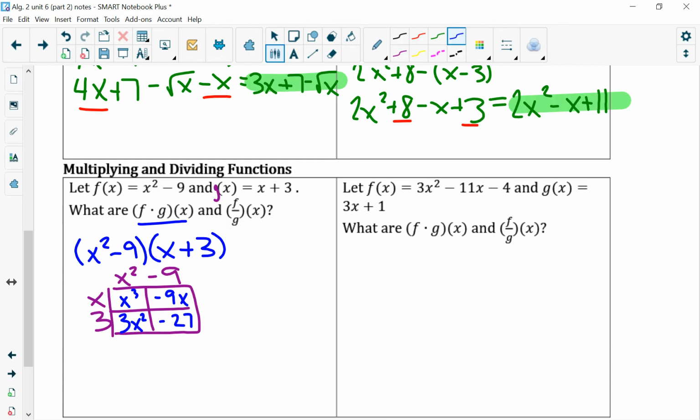As you can see, I don't have any like terms. And so my final answer is x cubed, and we should always write in standard form still, plus 3x squared minus 9x minus 27.